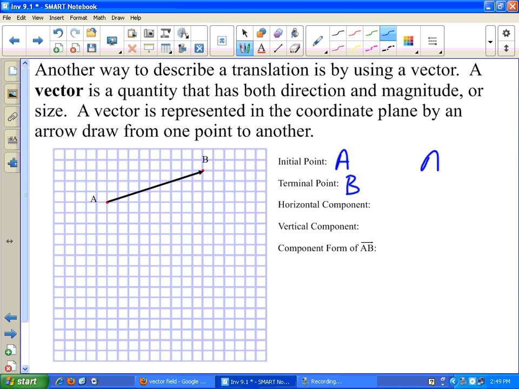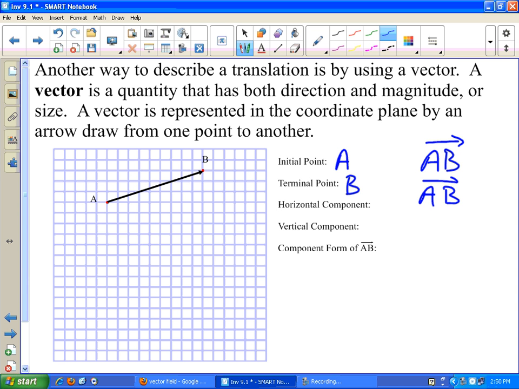So this vector would be AB with an arrow on top towards the terminal point. Our book will say to do it this way, with just one little arrow on top. Either way is acceptable for me.